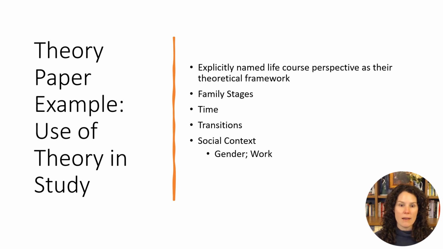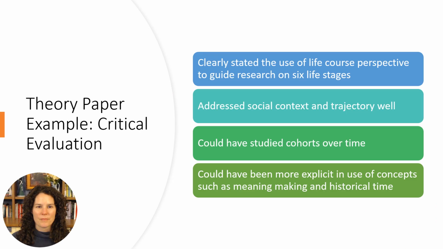You can be saying they explicitly named life course perspective in their theoretical model and in their theoretical framework, in their literature review, and they talked about and described family stages. They talked about the timing of people's family stages. They talked about transitions between stages. You could be saying what they said. And then they also highlighted 2 key social contexts around gender and work.